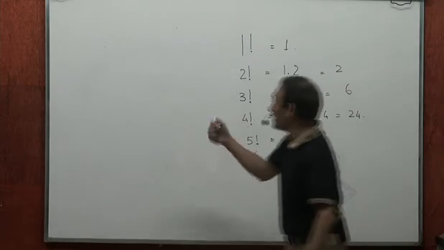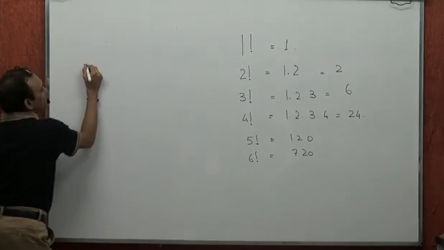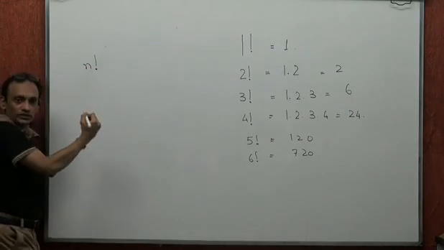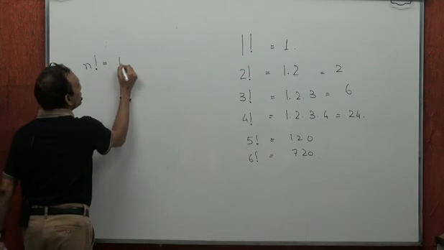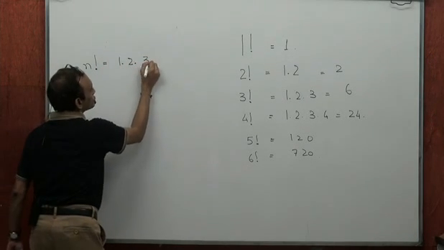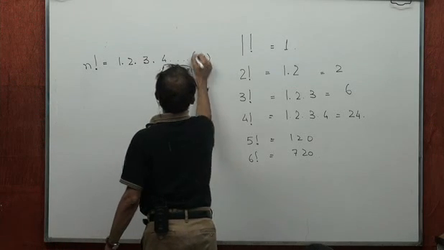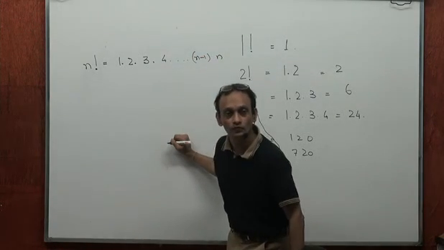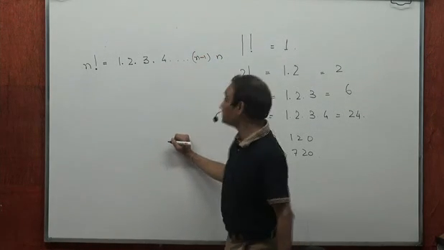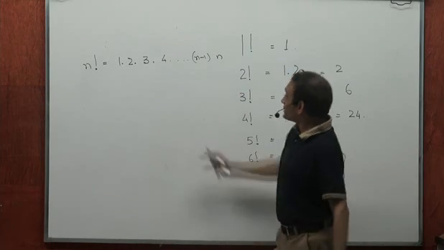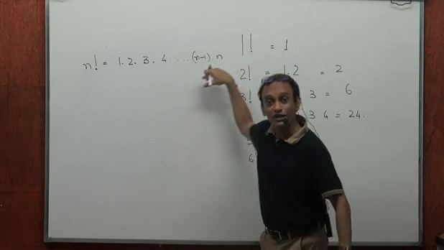So in a very general sense, if n is a natural number, then n factorial would be 1 into 2 into 3 into 4 ... into n minus 1 into n. Yes or no? That's n factorial, right? That means the product of the first n natural numbers.